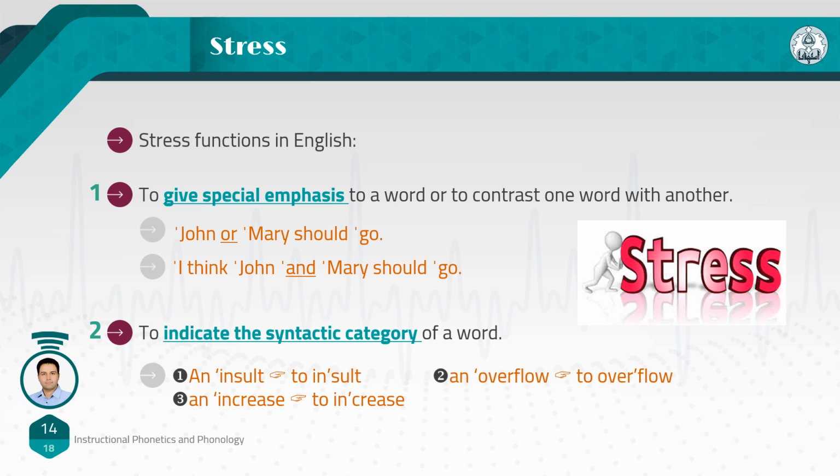So stress placement is not determined by syntactic category, but is simply a cue in certain noun-verb pairs as to the identity of the word. Therefore, the second function of stress in English can be to indicate the syntactic category of pair of noun-verb oppositions.